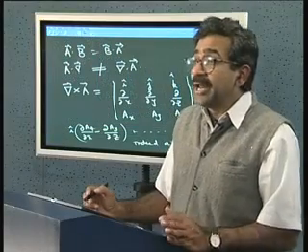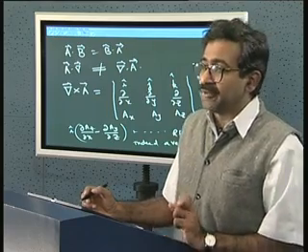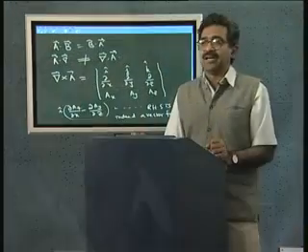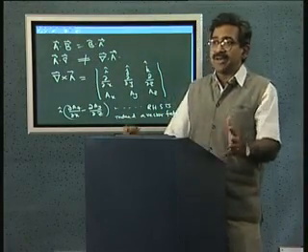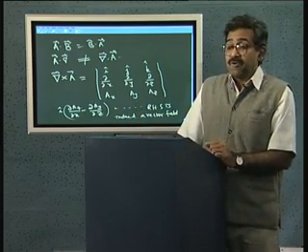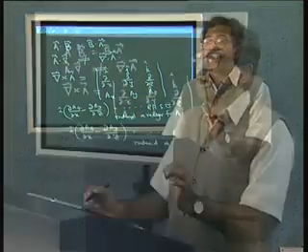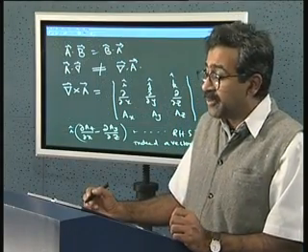So, in summary, what we have done today is to define carefully what a vector field is, and made a distinction between a form invariant vector field and a vector field that is not form invariant. A form invariant vector field tells you that there are no preferred directions in the physics or the geometry of the problem. A vector field which does not have form invariance tells you that there are inherent directions in the problem.